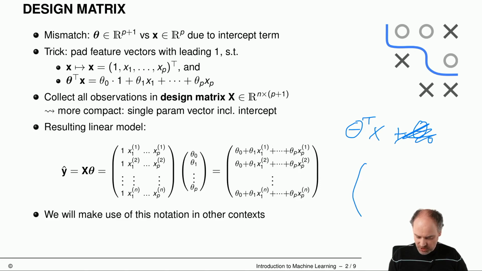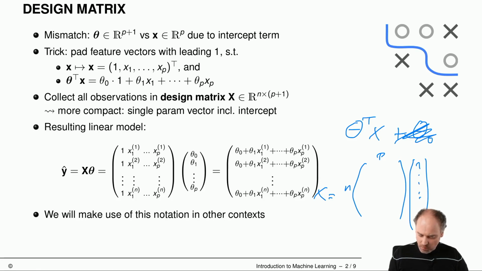Imagine you have your data matrix X, with n rows and p columns, as we are used to: n observations and p features. We now extend it to a p plus 1 dimensional matrix by adding in a constant 1 vector.